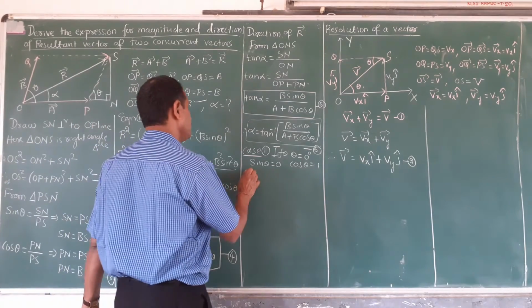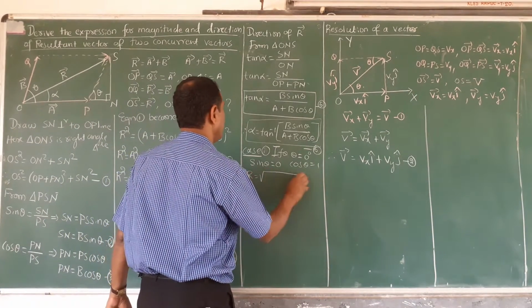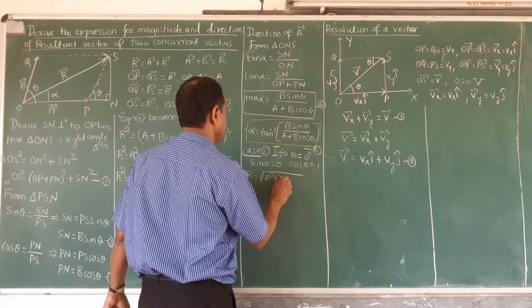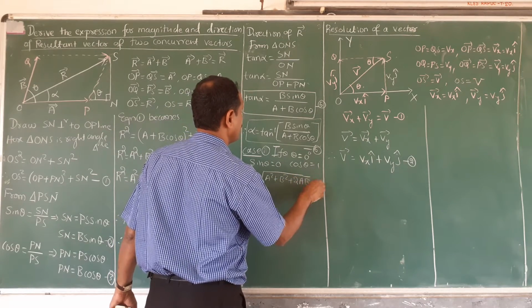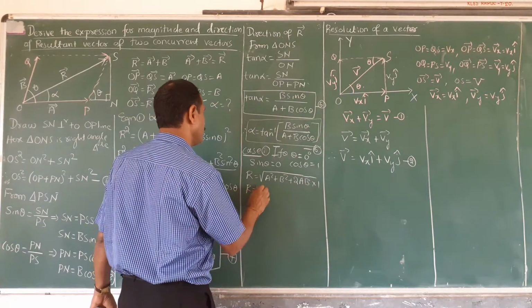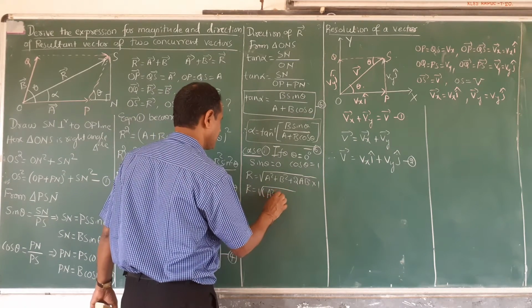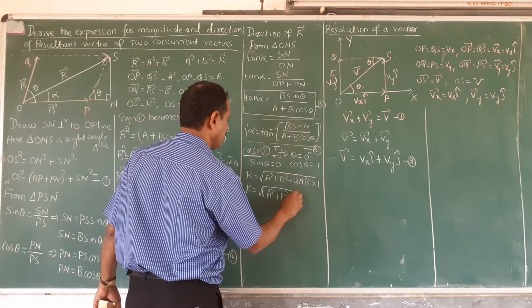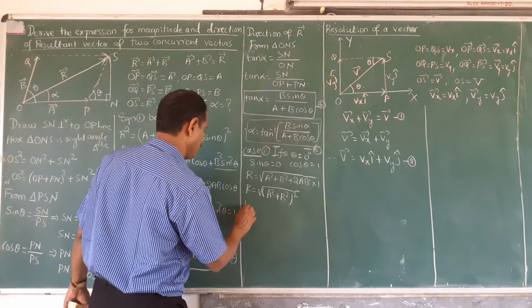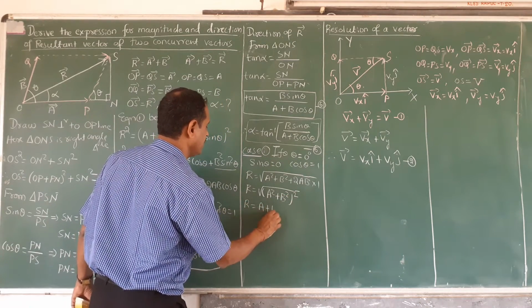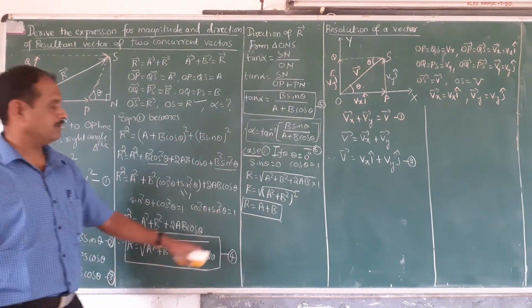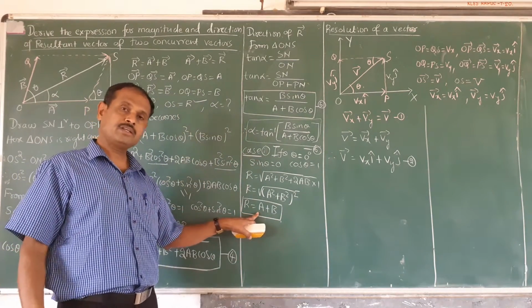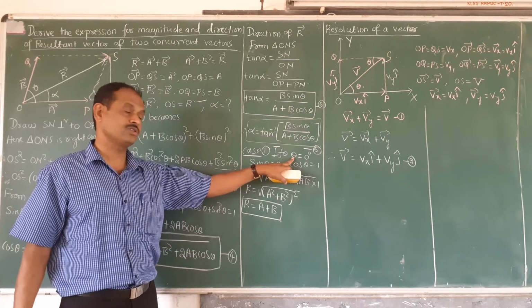R is equal to under root of A square plus B square plus 2AB, cos theta equal to 1. This R is equal to under root of A plus B whole square. This is equal to A plus B. Now see here, A plus B.